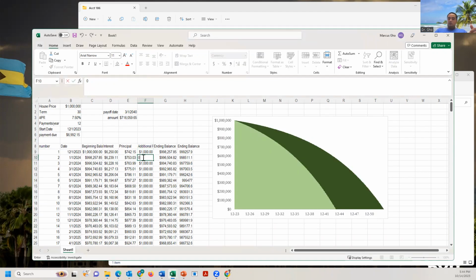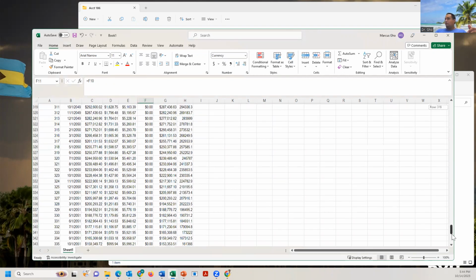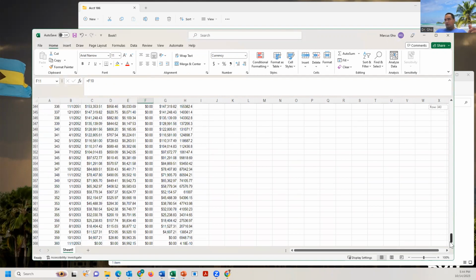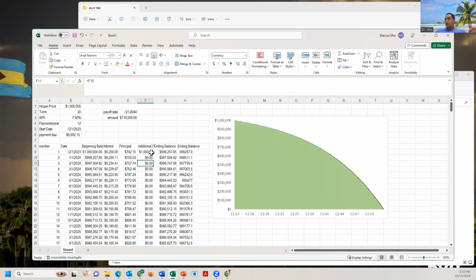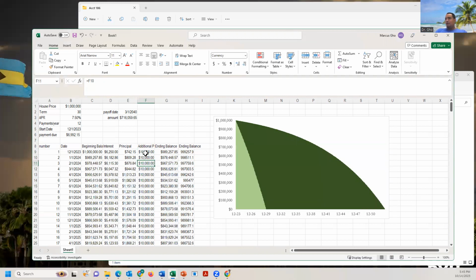Even if I were to just make an additional $1,000 payment on the very first loan, that took off a couple of payments. There's two less payments I have to make there. So really paying additional at the beginning is a great thing. I mean, the more you can pay, well, that's a lot of money. You can do something like that, you'll pay it off really quickly.